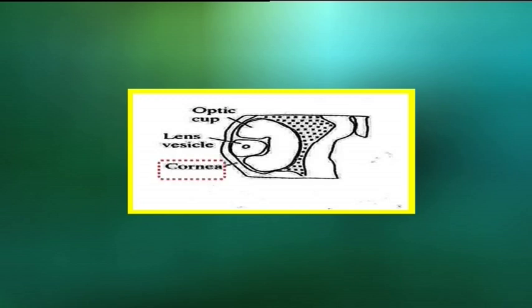The layer of mesenchyme left at the front of the anterior chamber of the eye joins with the overlying somatic ectoderm to produce the cornea. Thus, it becomes evident from the foregoing account of the induction sequence that one tissue supplies the stimulus for the development of the other tissue.